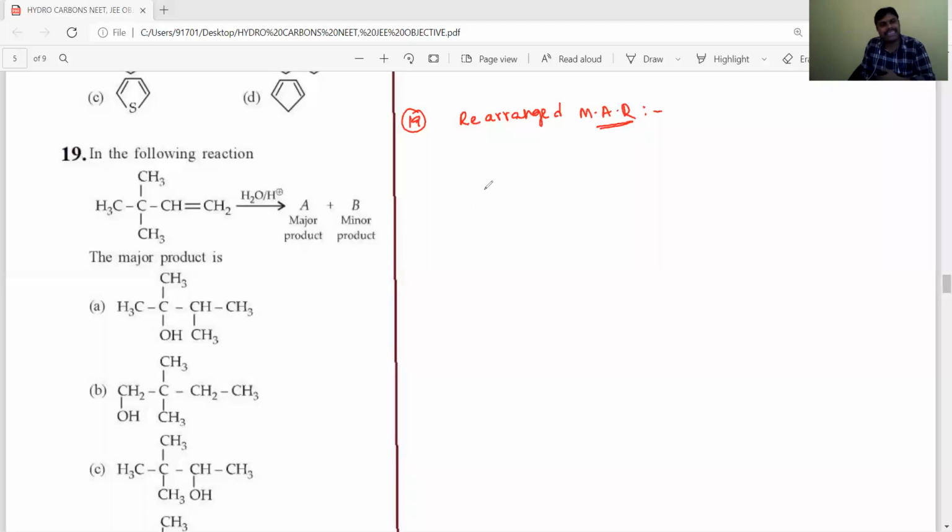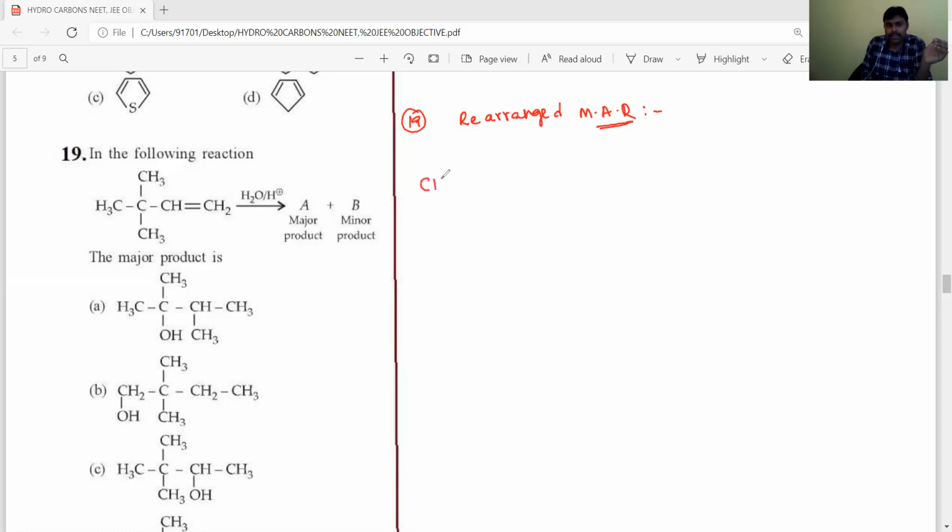Why does the rearrangement take place? After addition of the electrophile, the resultant carbocation and the corresponding adjacent groups can form a more stable carbocation. Then the rearrangement, a hydrogen or methyl group shift, takes place and produces the more stable carbocation, and the corresponding product is the major product.